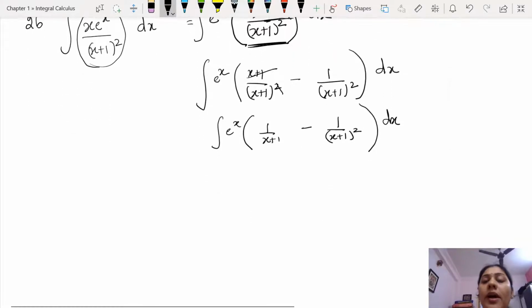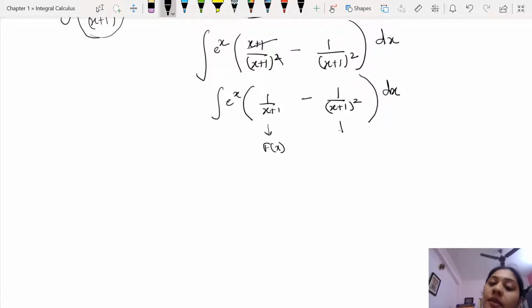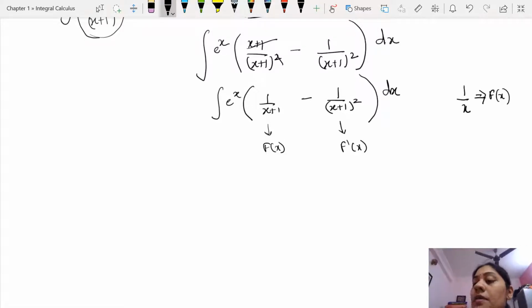Now students, go back to the differentiation chapter and try to recollect. I'm saying that this is my f of x function and this is my f dash of x function. Suppose I have a function 1 by x. I will write it as x power minus 1.